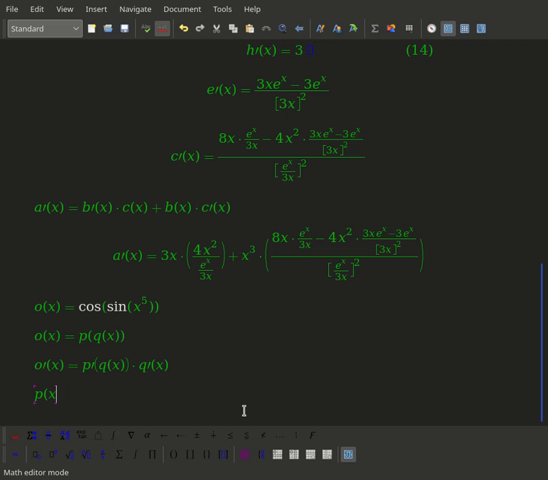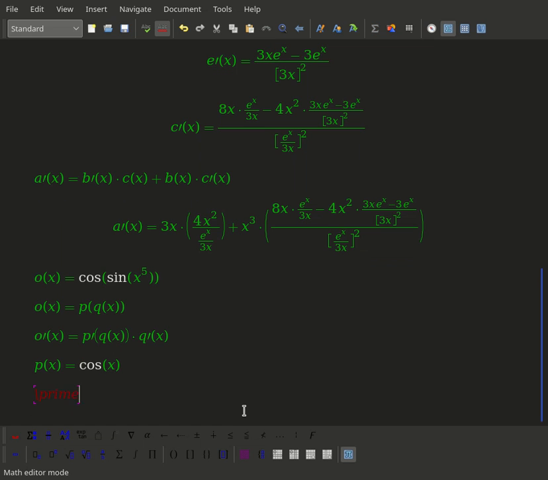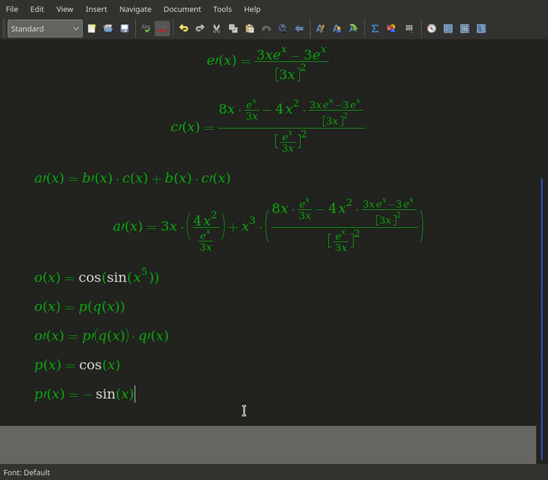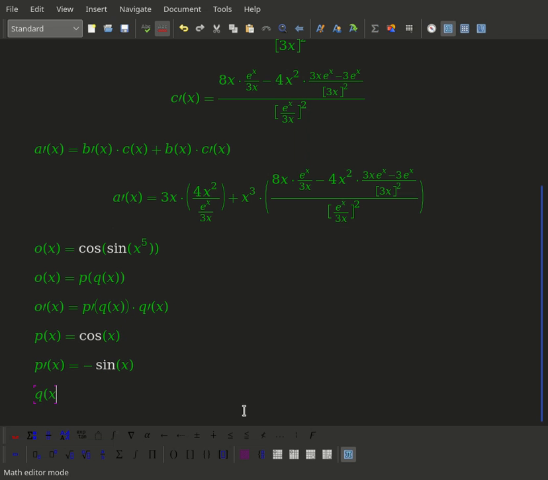P of X is really just cosine X, and we'll just throw in P prime of X because that's a nice simple one, is equal to the negative sine of X. Q of X is going to be equal to sine X to the fifth on that one.